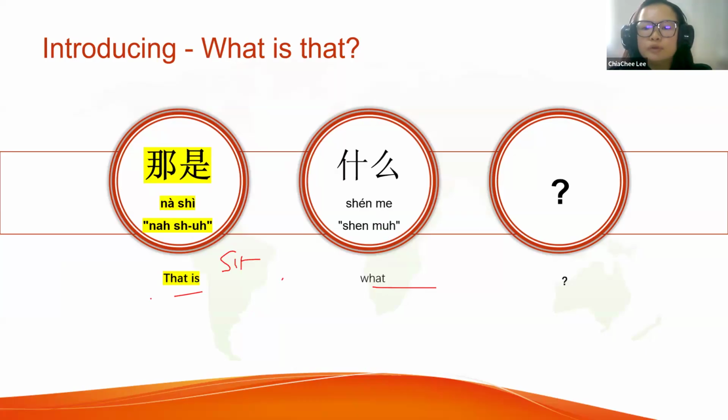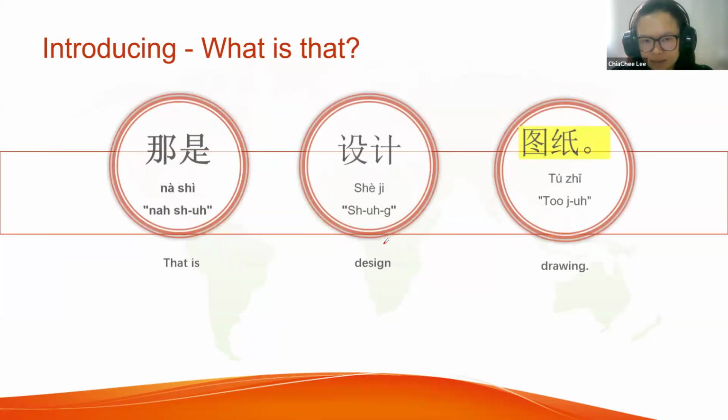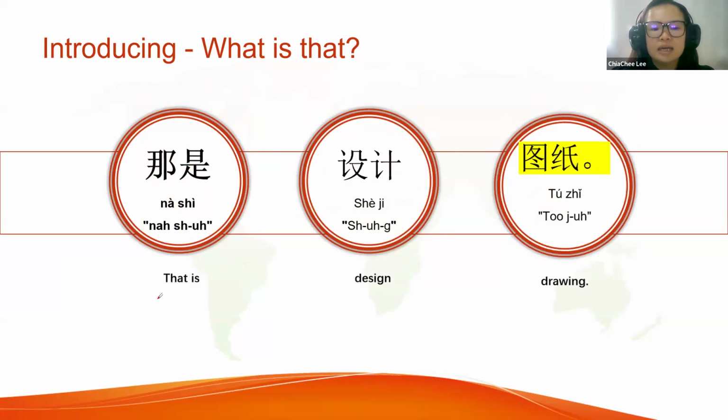And when we want to ask what is on Miss Lena's table, we can say 那是图纸. As simple as that, because we didn't go into detail. And when we go to detail, we say 那是设计图纸. Those drawings on Miss Lena's table are design drawings.